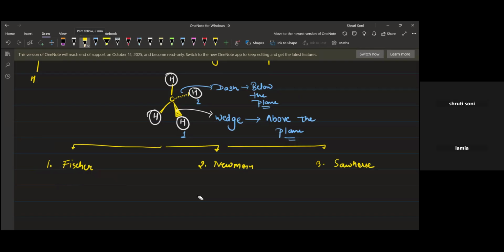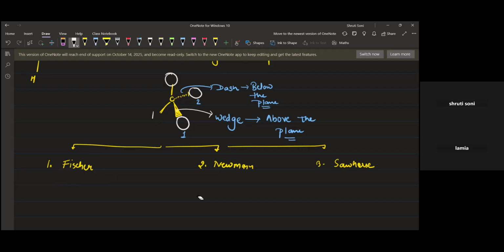Okay, so first we will start with Fischer, and in stereochemistry you need to understand the 3D geometry of any molecule. That is very important. Let's start. I'll change some molecules here in this above situation. I'll replace the hydrogens.